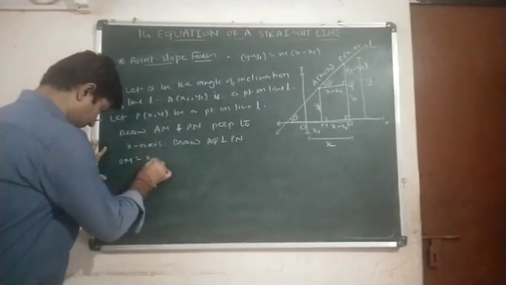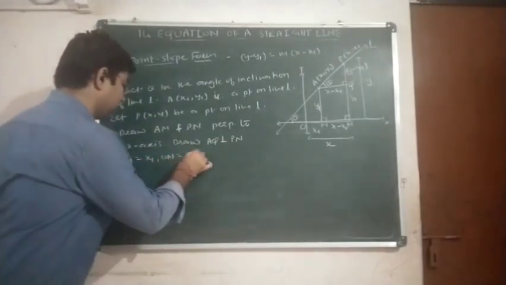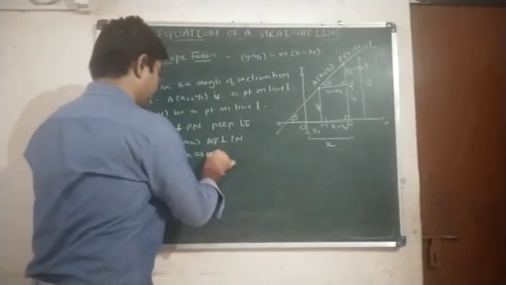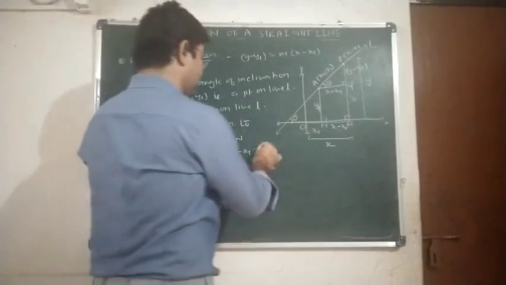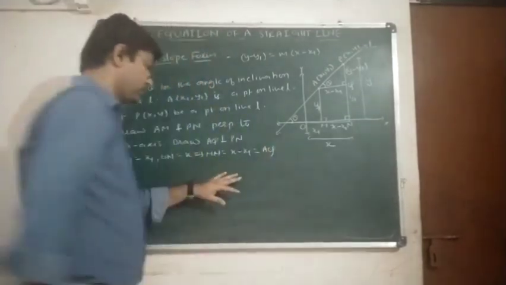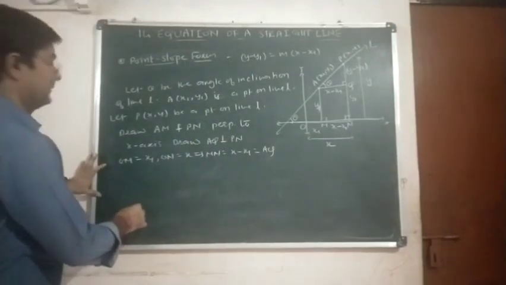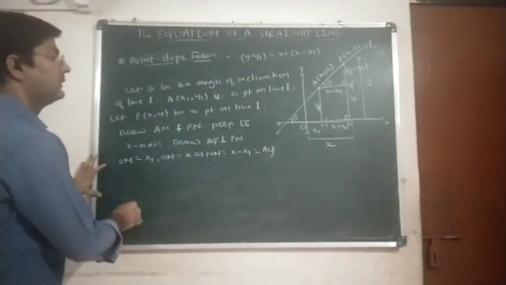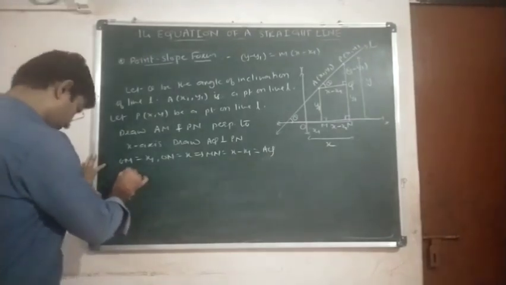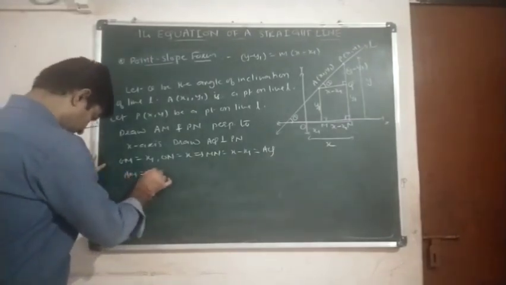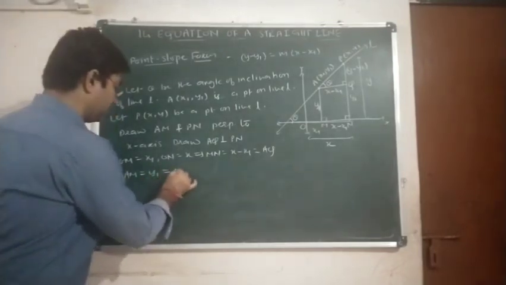So now OM is equal to x1, ON is equal to x, and therefore MN is equal to x minus x1, which is equal to AQ only, because opposite sides of a rectangle are equal. Again, AM is equal to y1, which is equal to QN.